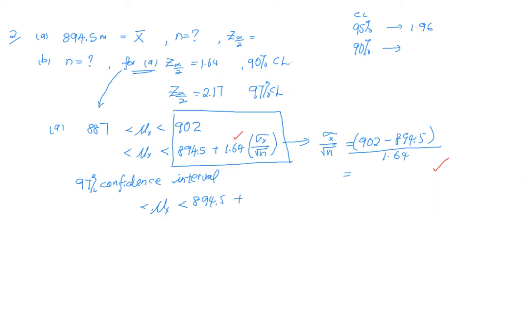And now that is your Z alpha over 2, 2.17, then times by whatever value you have here. And here is 894.5, take away 2.17 times by whatever value you get. So you got the answer. So you got all your 4 marks.